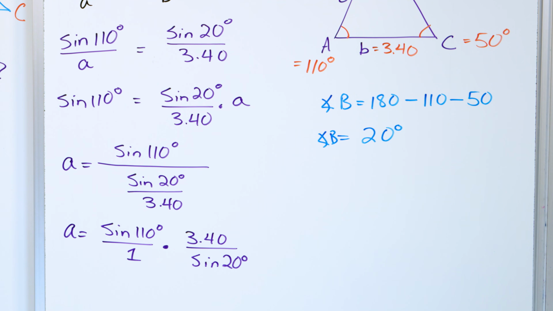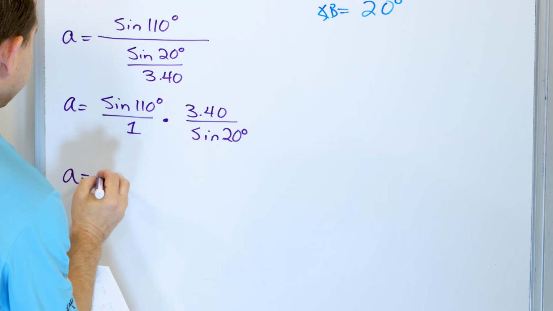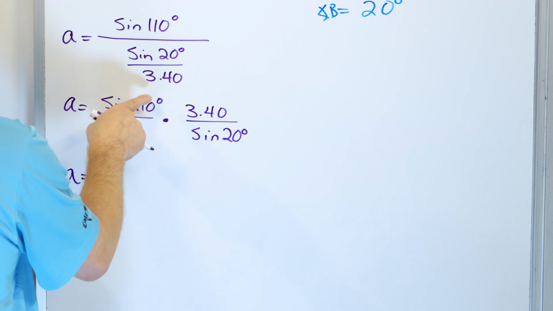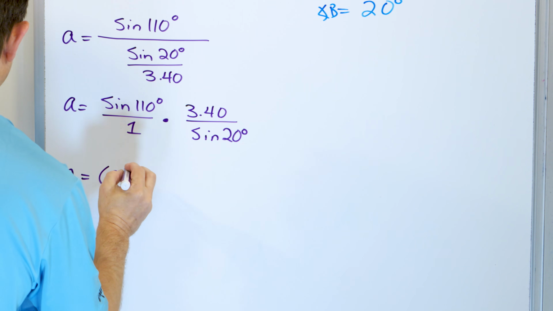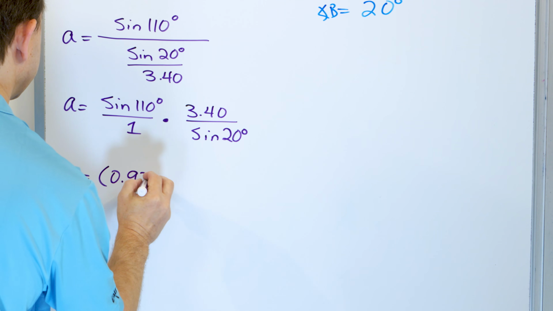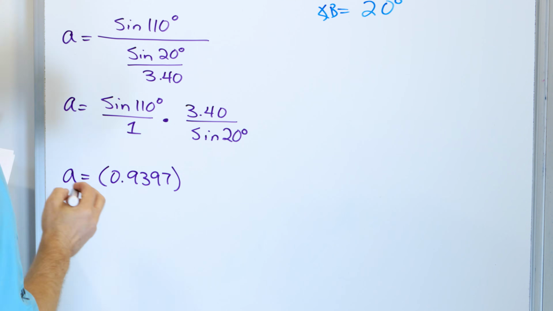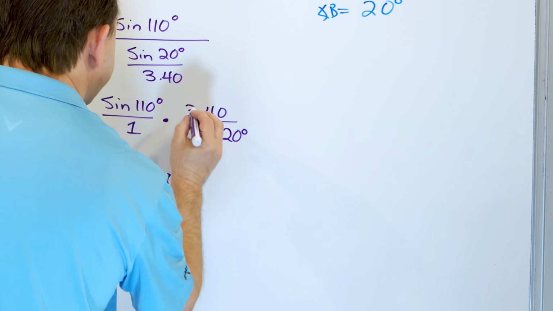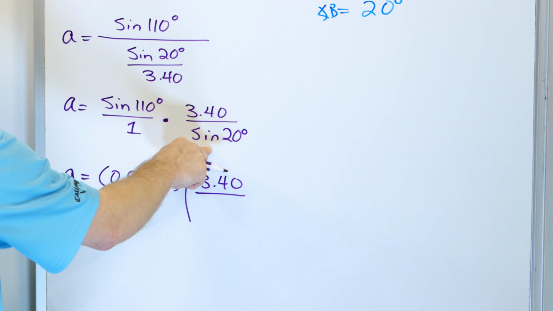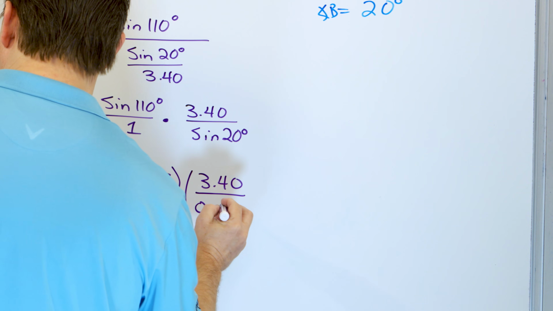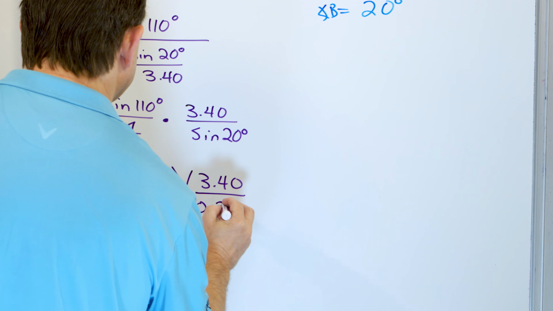All right, now we can do something, because we can say that a is equal to, what is the sine of 110 degrees? Put 110 degrees in your calculator, take the sine of it, and you're going to get 0.9397. That's what we have here. And then we're going to multiply this by 3.40. And when we take 20 and take the sine of it in the calculator, we get 0.3420.